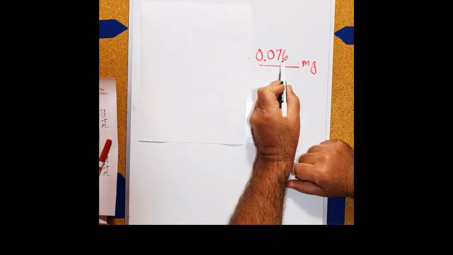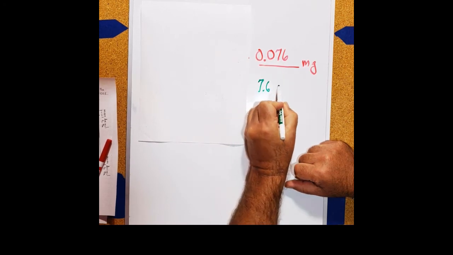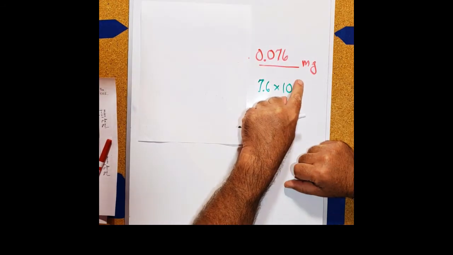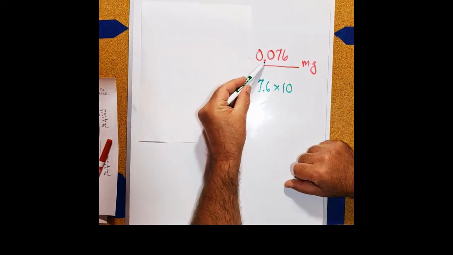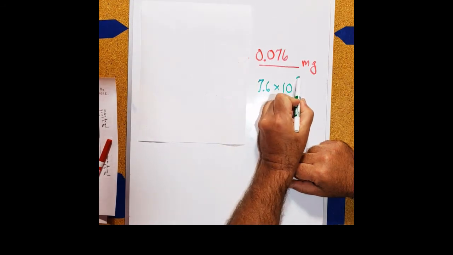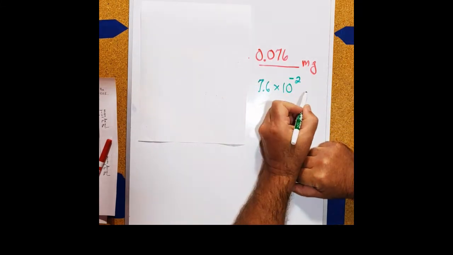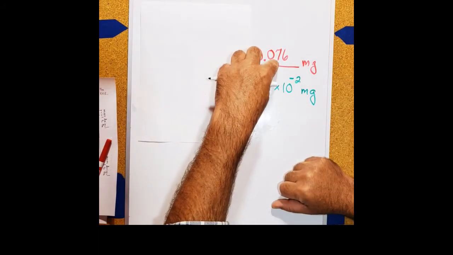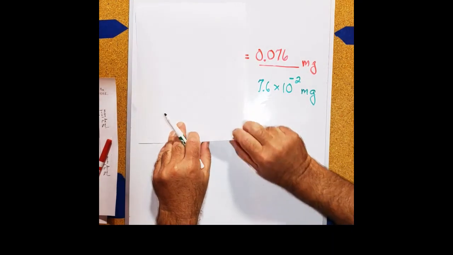Again, we want to reposition the decimal point so it's between the 7 and the 6.